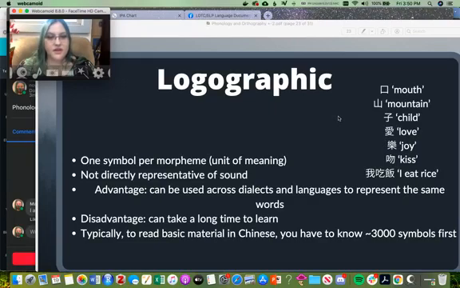So typically to read basic material in Chinese, you typically have to know like 3,000 symbols first. So it does take a long time to learn. So that's one issue with it. But you do get that ability to read across dialects and languages to some extent.